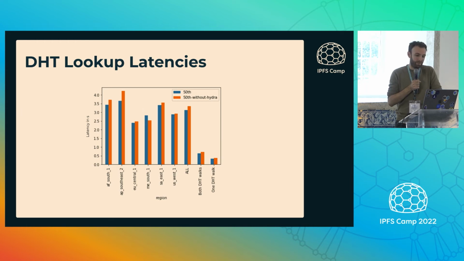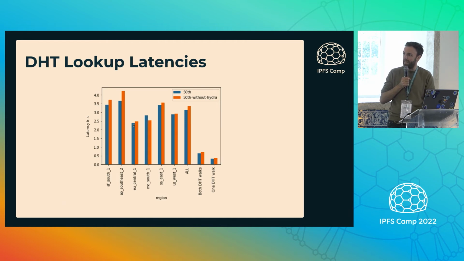So the blue bars here are the content retrievals with Hydras, and the orange bars are the content retrievals without Hydras. And even so, for the Middle Eastern node here, it even dropped. So the network seems to have been more performant without the Hydras, which is unexpected.